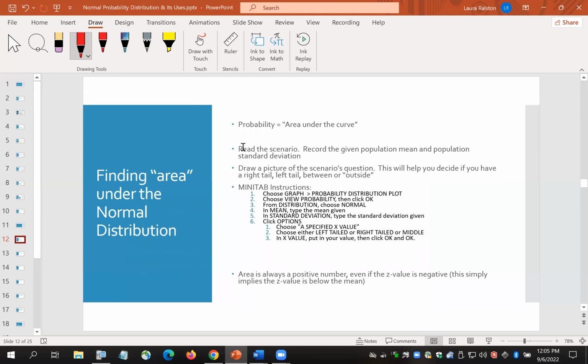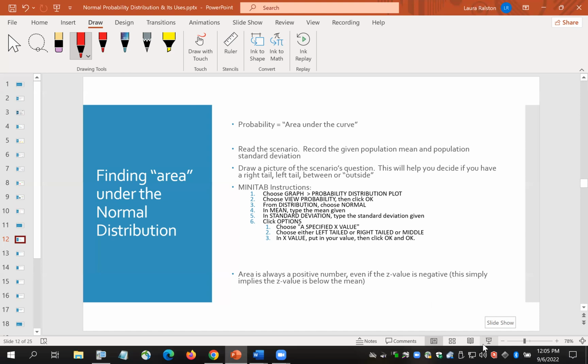Remember that the probability corresponds to the area under the curve. That was one of the first things that we talked about in relationship to the continuous probability distribution. Again, it is extremely important that you read the scenario from beginning to end.